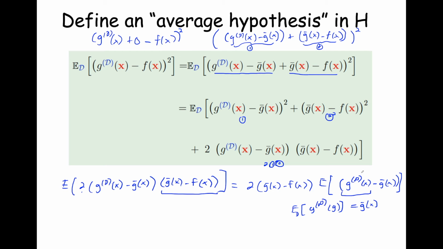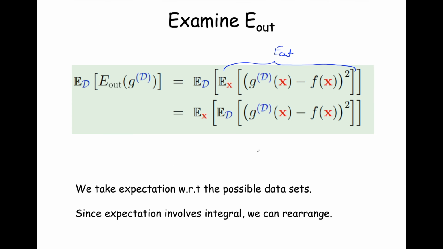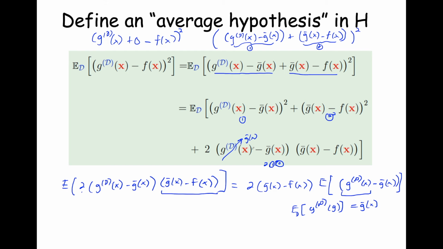So this first term in our cross term becomes g bar of x minus g bar of x, which is just 0. And so this entire term drops out, because we have 2 times g bar of x minus f of x times 0, which is just 0.